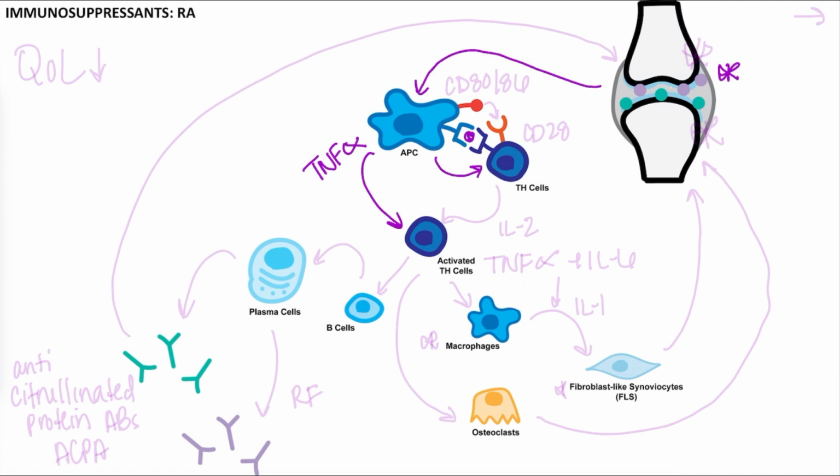And one important point for later in this video is that these antigen-presenting cells express CD80 and 86 on their surfaces, and this can bind CD28 on those T cells, and this interaction will lead to a more optimal T cell activation.